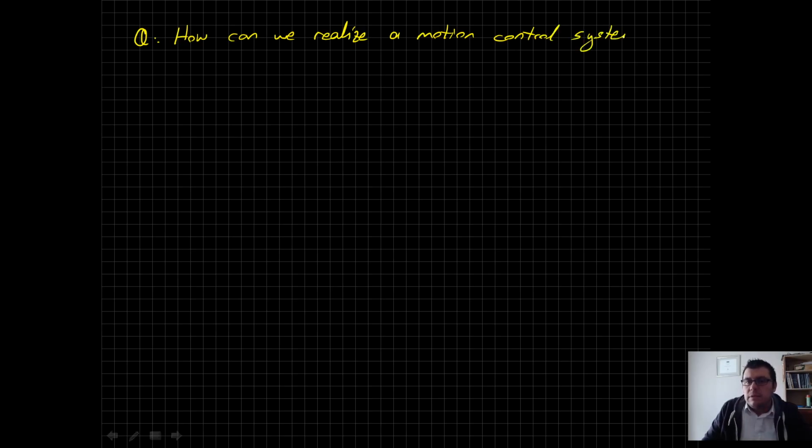So question: how can we realize a motion control system either in simulation or in real-time implementation?